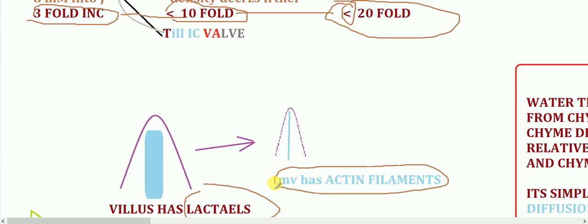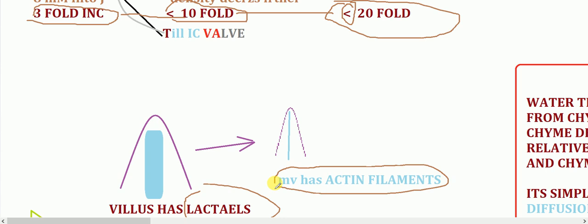They have to be moving all the time using their actin filaments. So nature has given them the actin filaments to allow them to move and get in contact with new material that is supposed to be absorbed. That was a beautiful contrast between lacteals and microvilli.